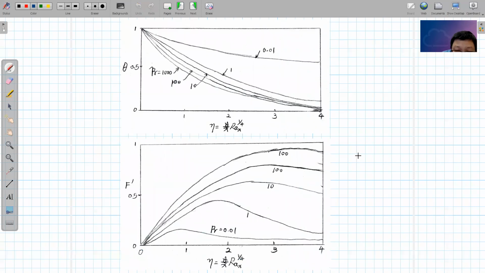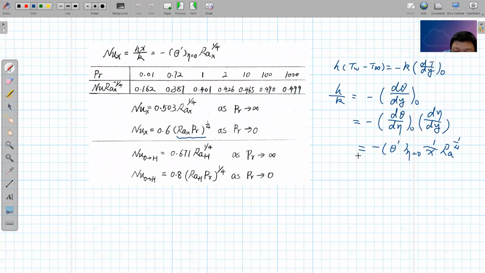The curve we got here, the result, the chart we got here, is only for TW equal to constant. So it's not for the constant wall heat flux case.